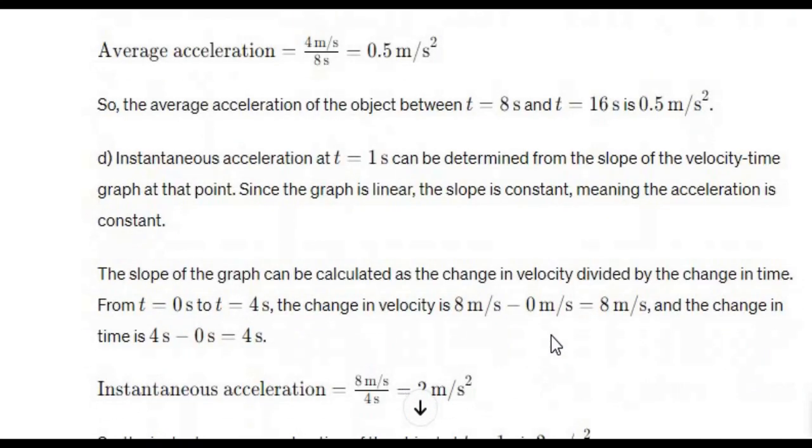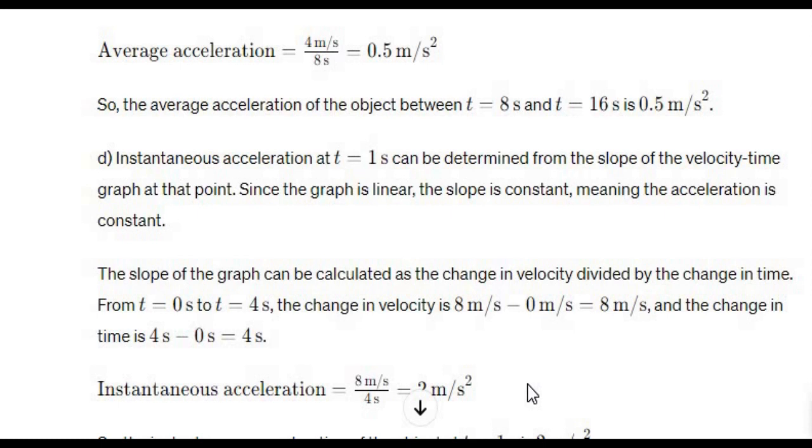squared. D. The instantaneous acceleration at t equals 1 second can be determined from the slope of the velocity-time graph at that point. Since the graph is linear, the slope is constant, meaning the acceleration is constant. The slope of the graph can be calculated as the change in velocity divided by the change in time.